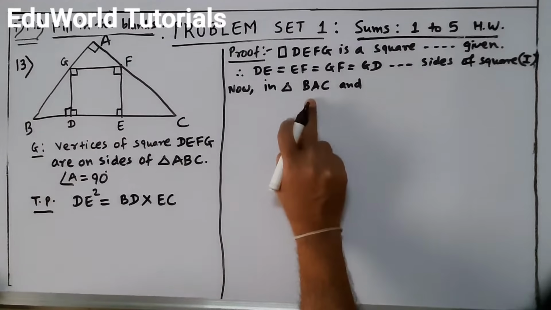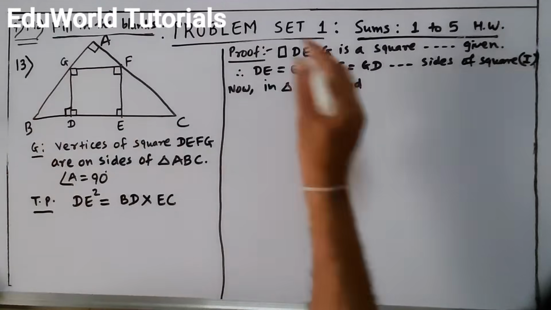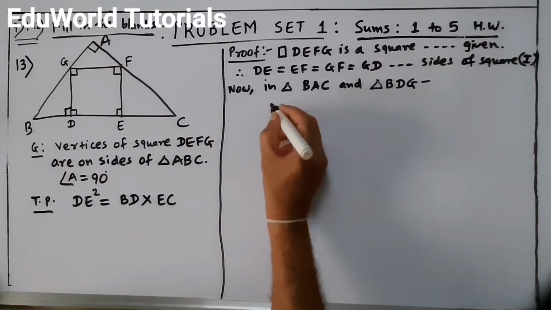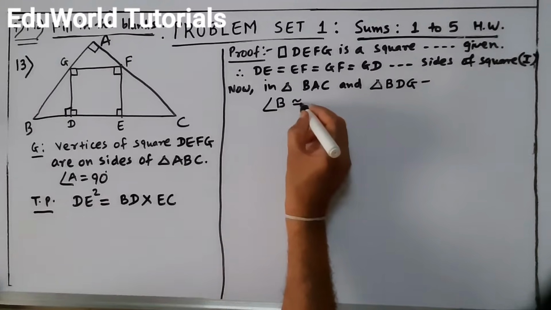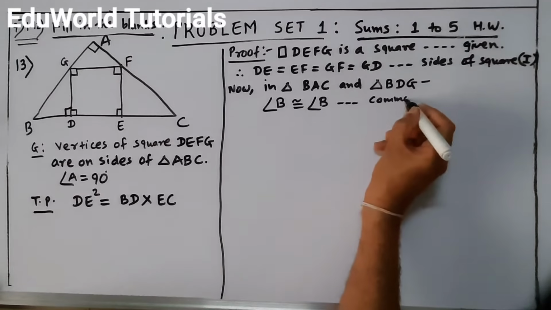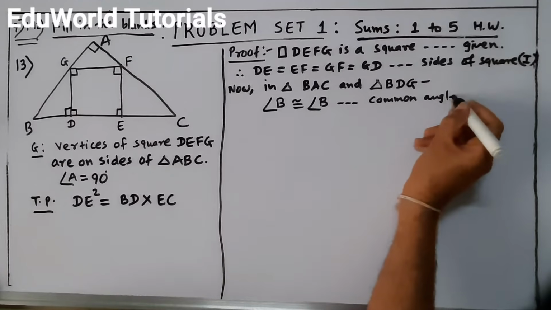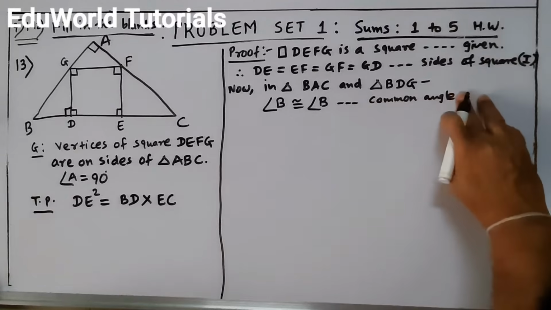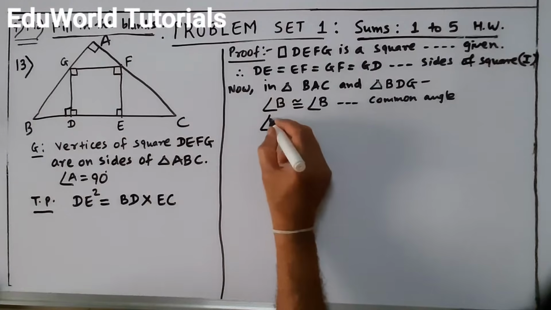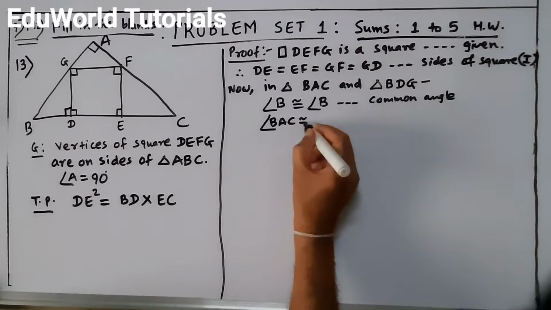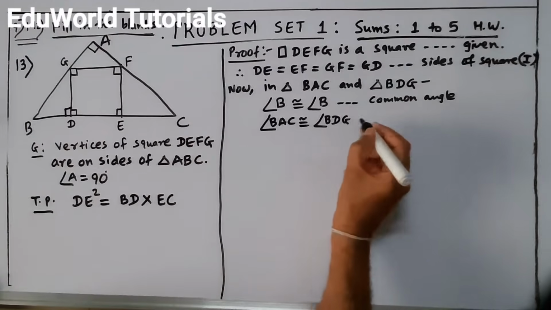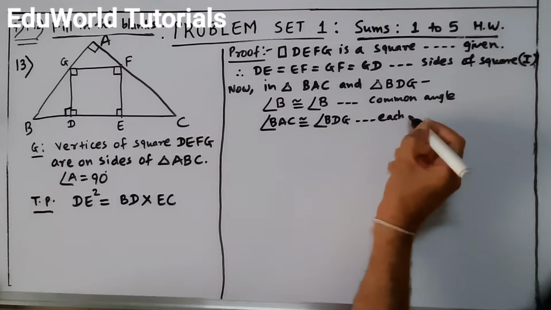So in triangle BAC and triangle BDG, what I will write? Angle B congruent to angle B, which is a common angle. And we also see that angle BAC is congruent to angle BDG because both are right angle, each is 90 degrees.